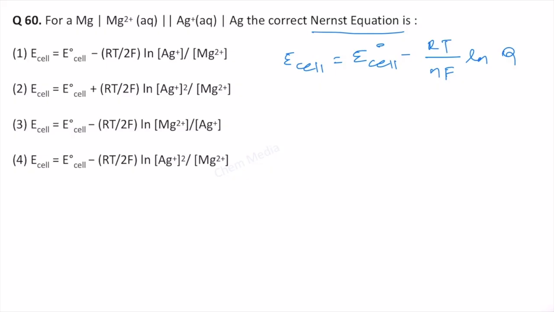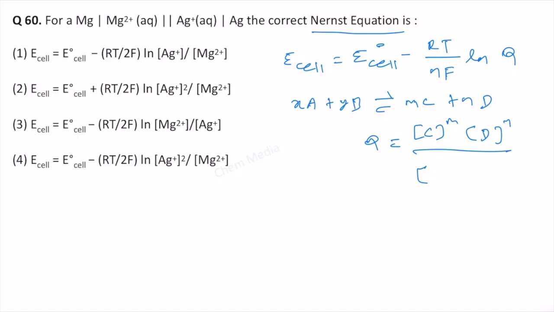So, let us say if you have a reaction this way, X times A plus Y times B giving, let us say, M times C plus N times D, then you can write the reaction quotient this way: concentration of C to the power of M times concentration of D to the power of N divided by concentration of A to the power X times concentration of B to the power Y.